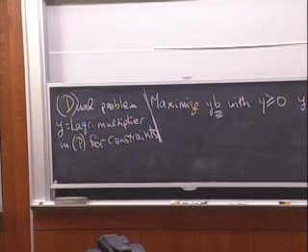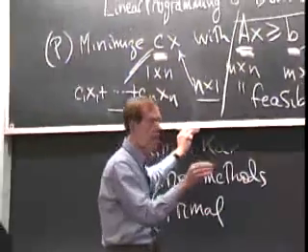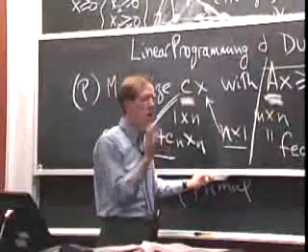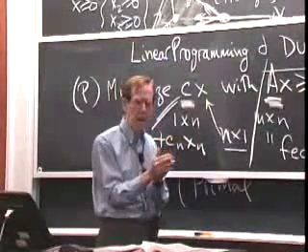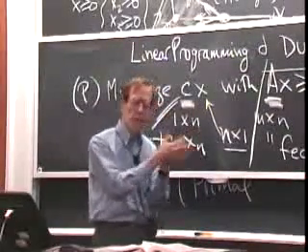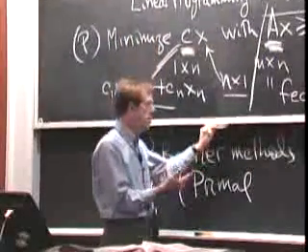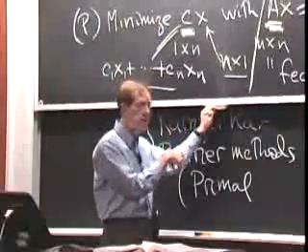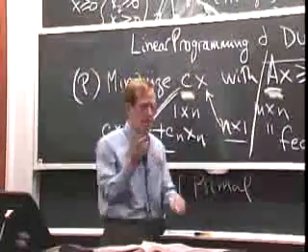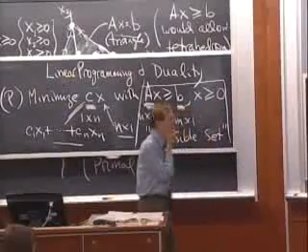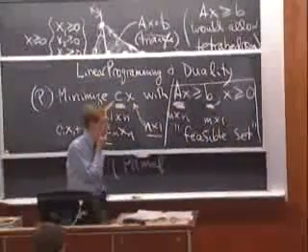So what I want to say is that these two problems, the primal and the dual, which use the same data, A, B, C, are intimately related. And sort of solving one solves the other one. Actually, that applies to the simplex method. When the simplex method finds the best corner, we could read off the Lagrange multipliers, we could read off Y. We could read off the optimal Y.